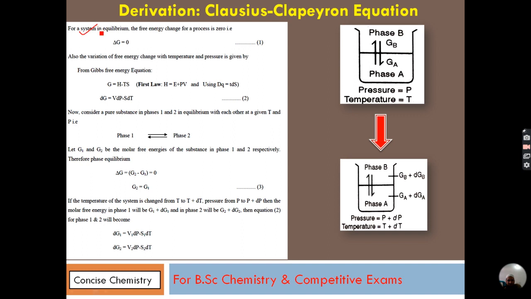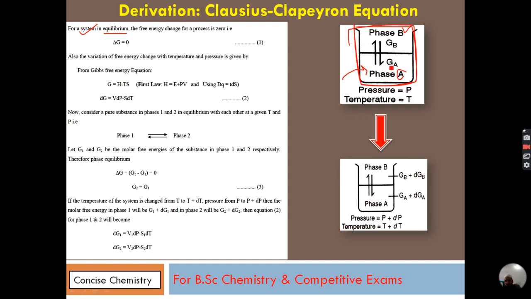So we'll start with the derivation. We have a system which is in equilibrium. This is our system. We have two phases of a substance, a pure substance. We have two phases of it. Okay? Let's say this is the solid phase, this is the liquid phase, for example. So this is phase A, this is phase B. So the molecules present here will obviously have some free energy.